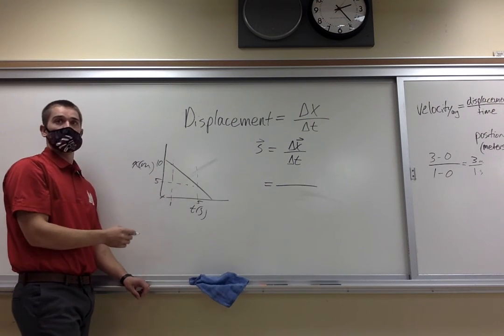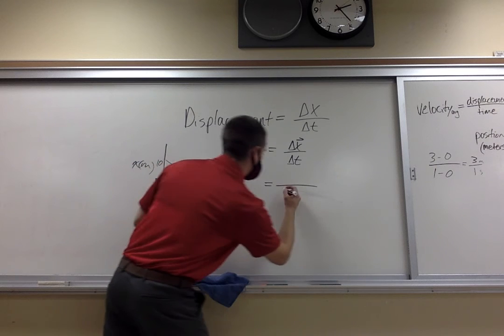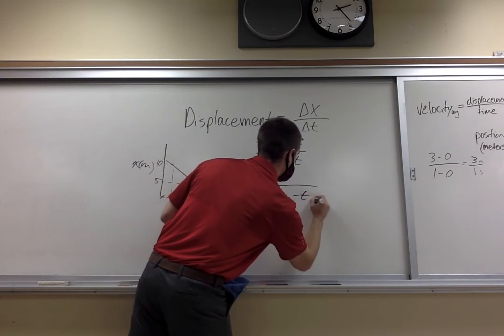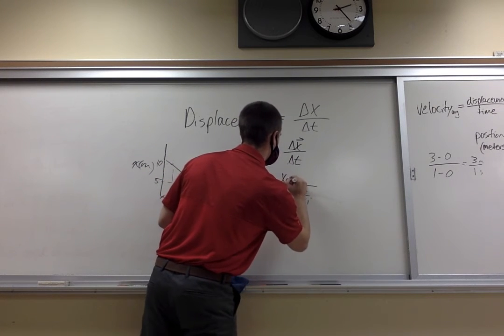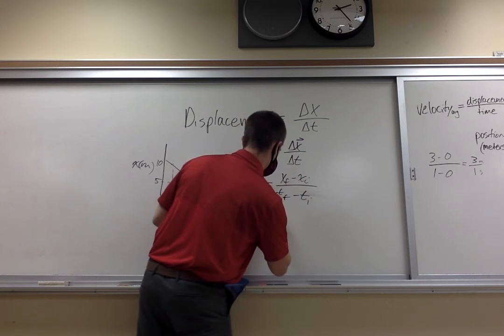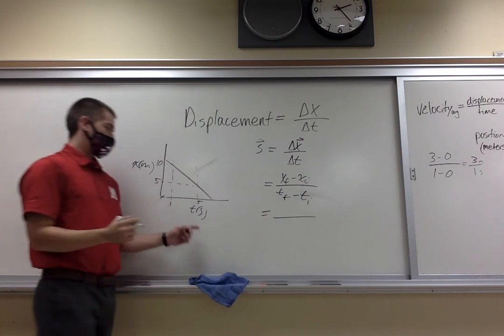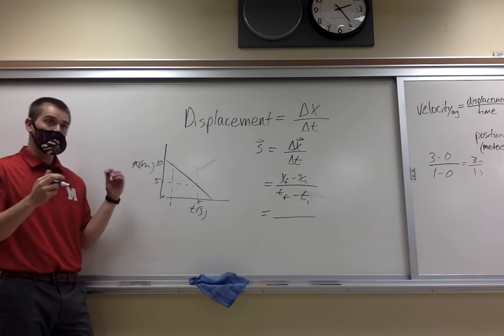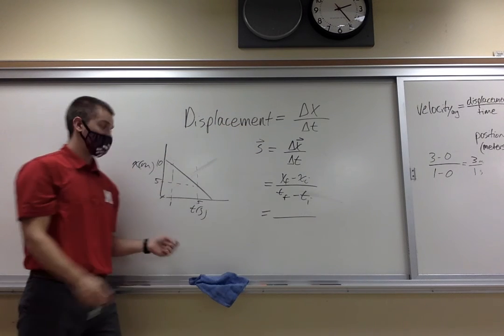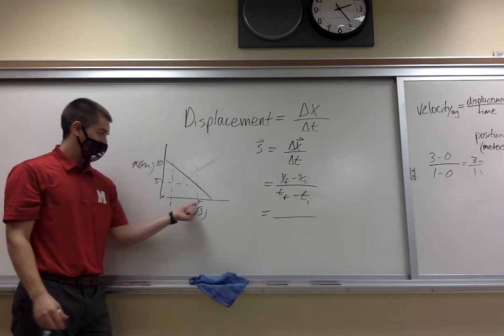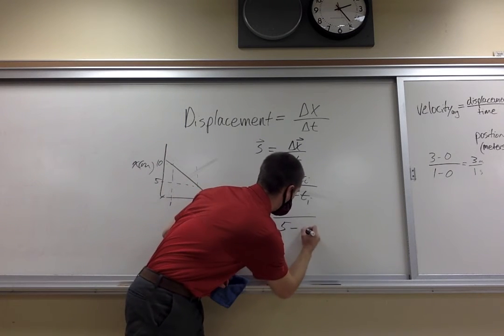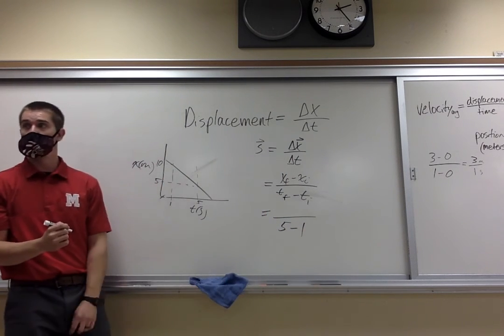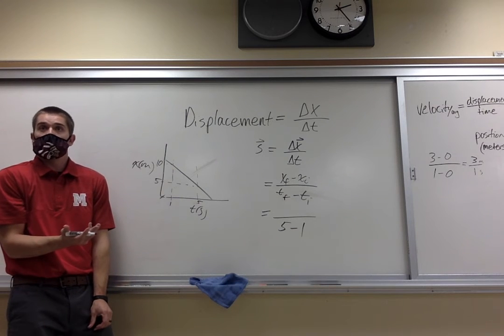time is the easy one. What's T final? T final minus T initial. What's my final time? Time always moves from 0 onward. Final is 5. What's my initial? Okay, now I need to look at my displacement.